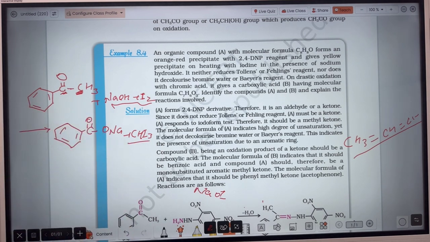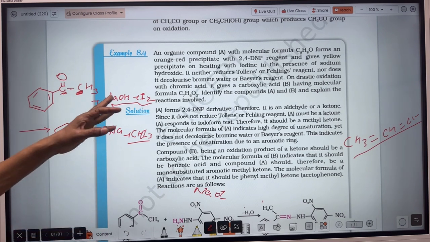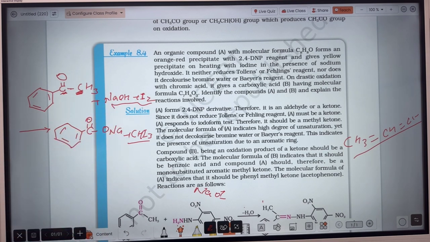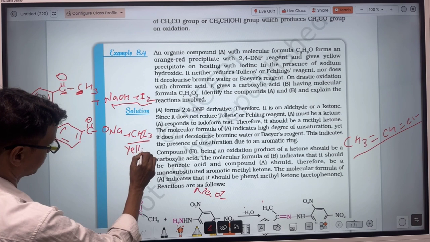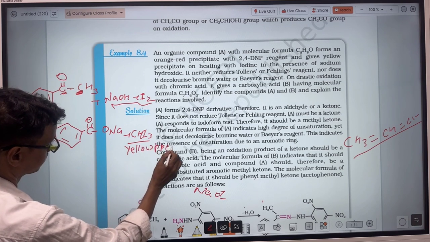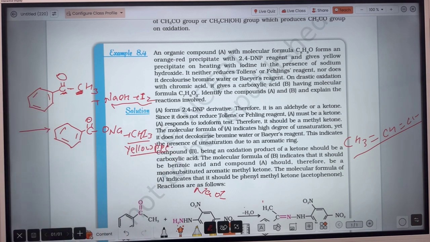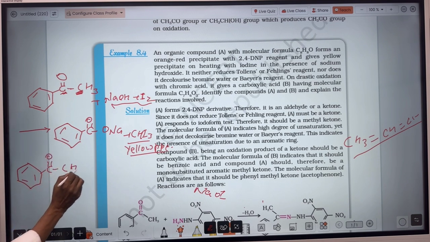Here firstly there was a yellow precipitate with 2,4-DNP, and with Tollens reagent no reaction. Then after it, with Tollens reagent it will not react, as it is a ketone.